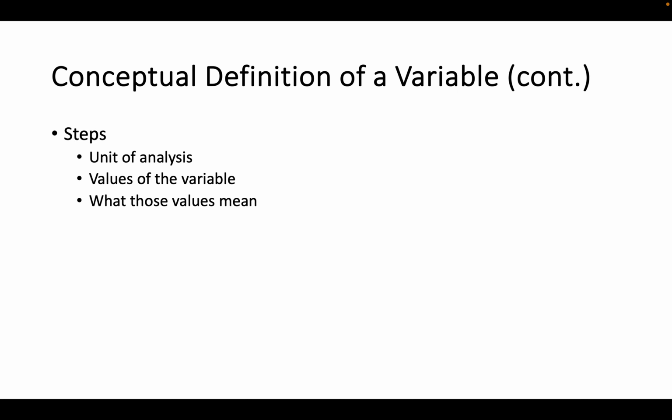Then we have to put values on what it is that we're studying, values of this particular variable, and we have to give meaning to those values. So the steps, unit of analysis, values of the variable, and a meaning for those values all go into this conceptual definition of variables that we will use in our research project.